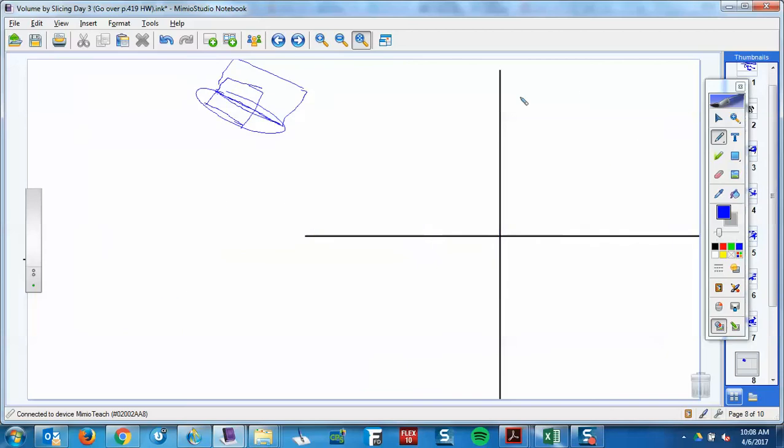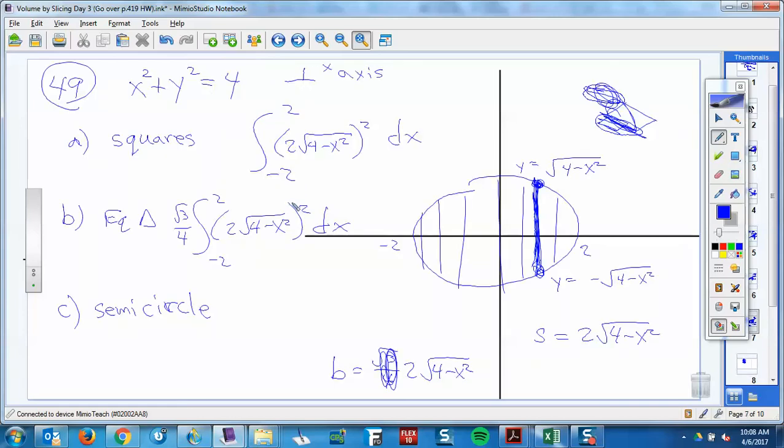So let's try this one more time. Strip, semicircle. Let's do another one. Bigger semicircle. Okay, anyway. So, what is this strip?